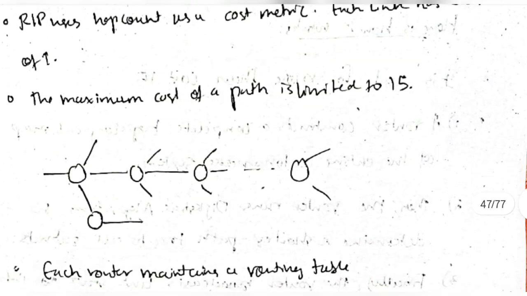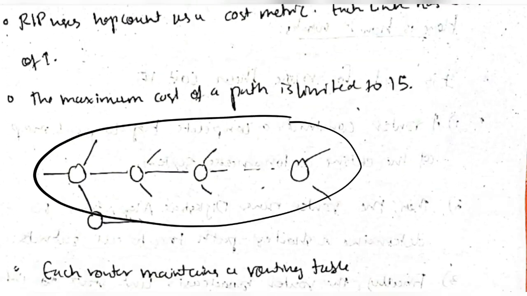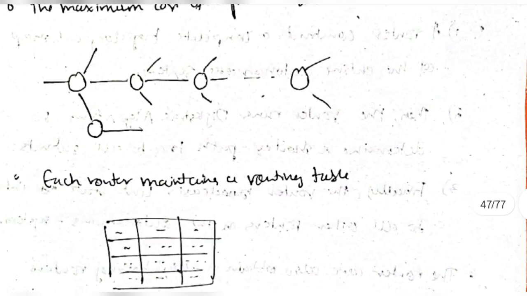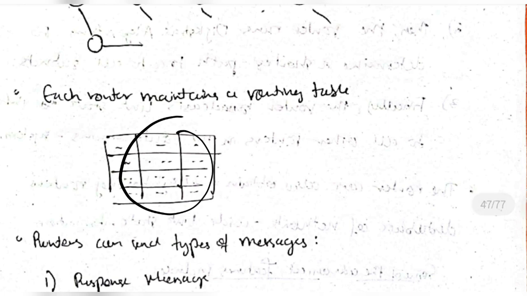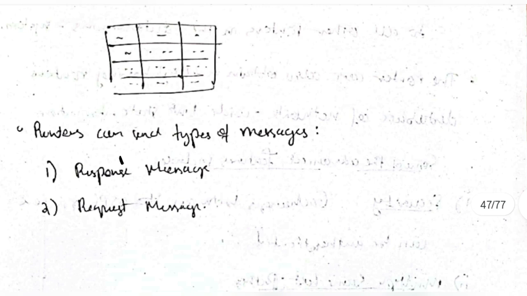Like this the paths will be there in the autonomous system, and here the maximum value is 15. The data will be transferred using the routers, and each router will have a routing table to see which node it has to transfer to next, and it sends messages in request and response format. Those are the main points you have to write for the routing information protocol algorithm.